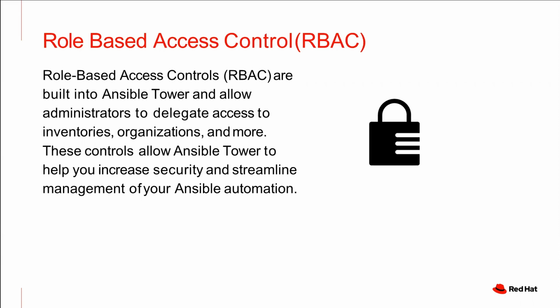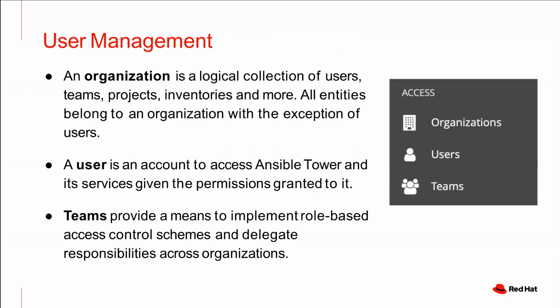But since we only have that exact amount of time left, role-based access control, just like every other product that has it, is very, very similar to other products. Fairly intuitive interface, but there's just a little bit of different terminology used within it.